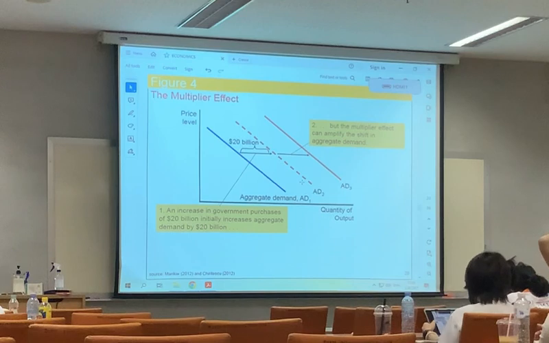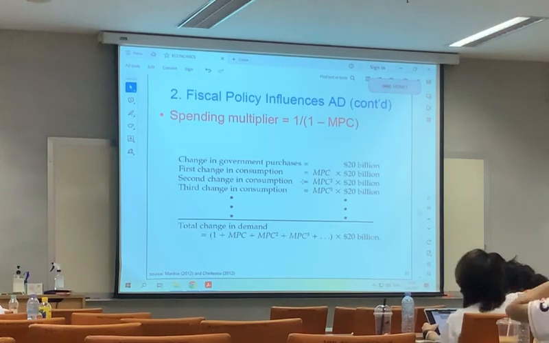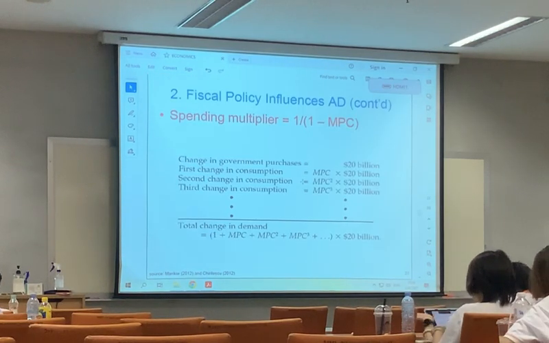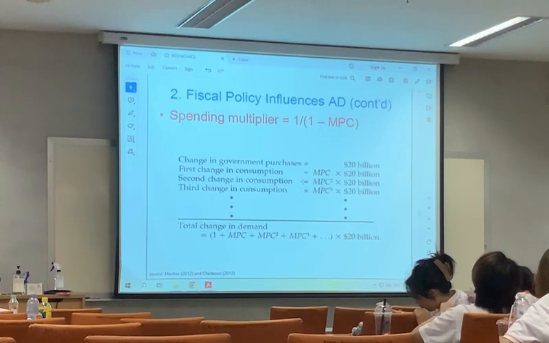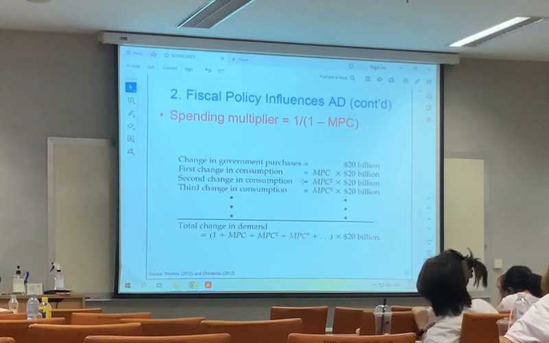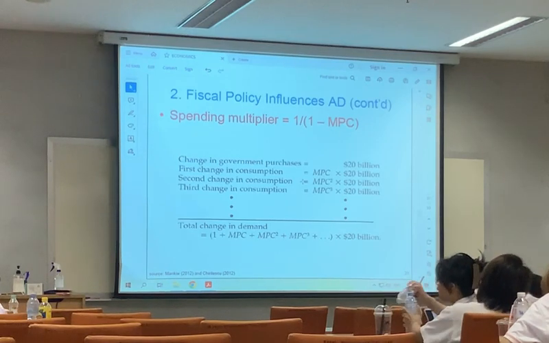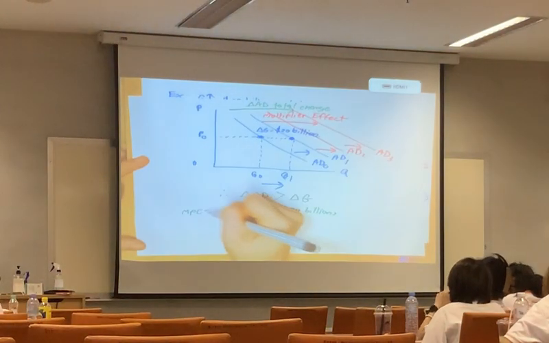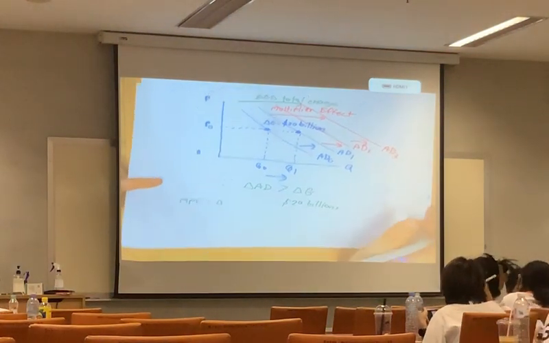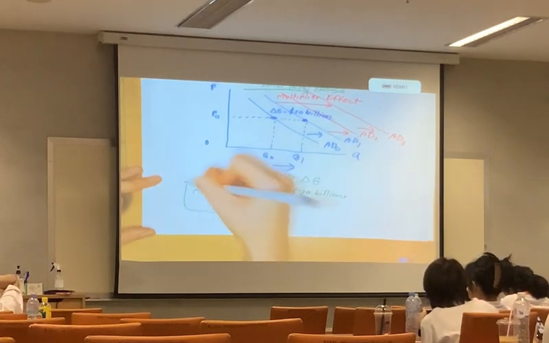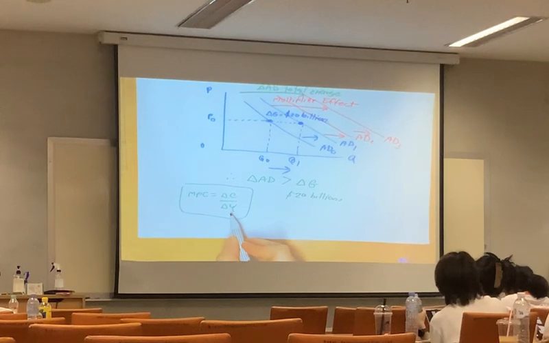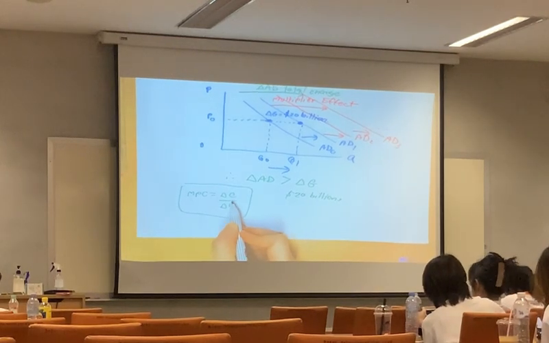What is MPC? MPC is the marginal propensity to consume. In fact, you learned it already in the midterm part. What does MPC mean? It shows us that when your income changes, or you have more money, how much does C change?